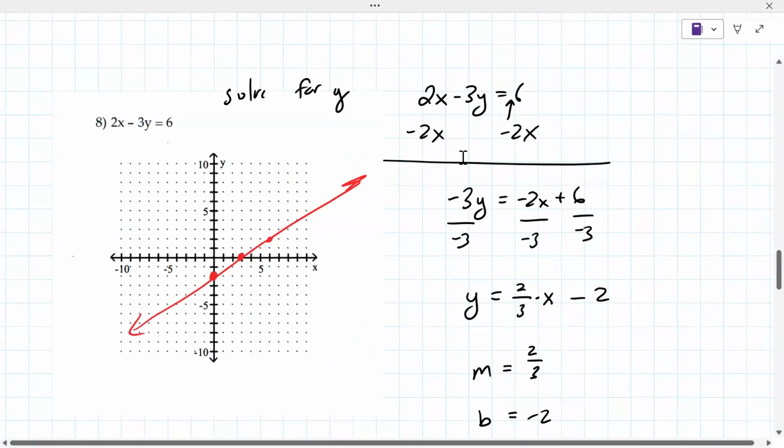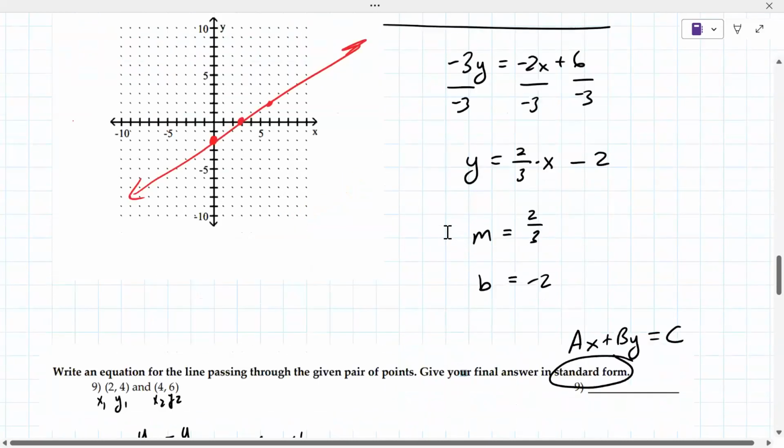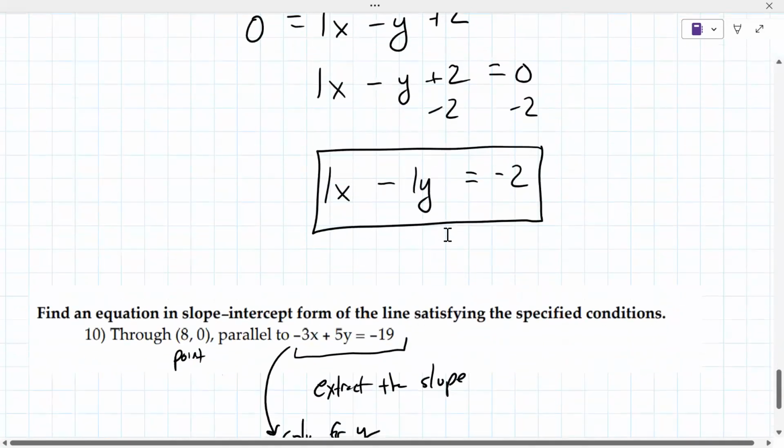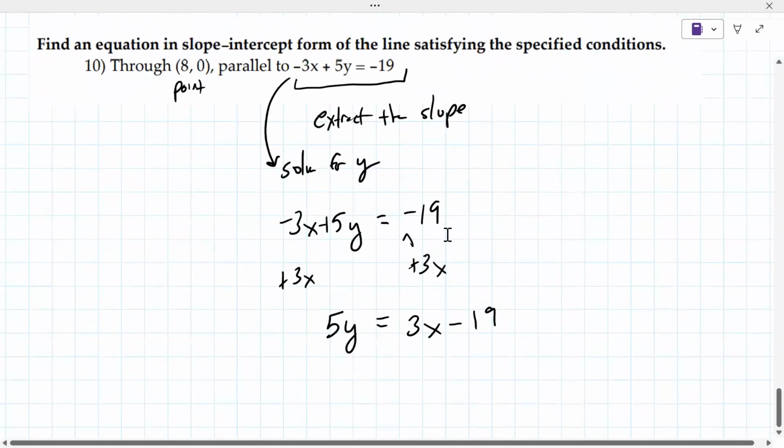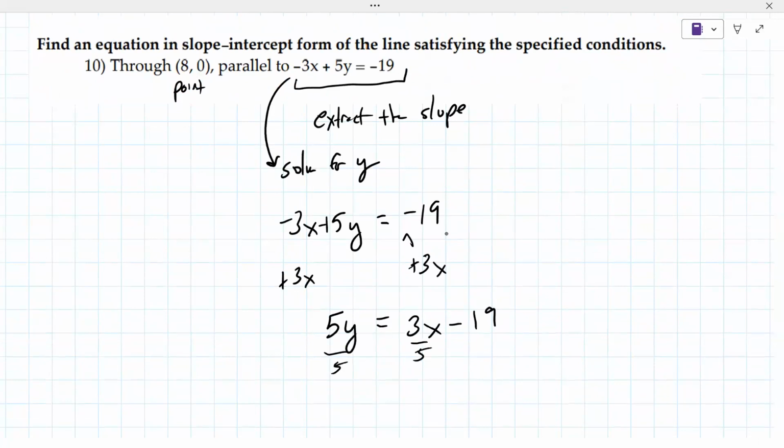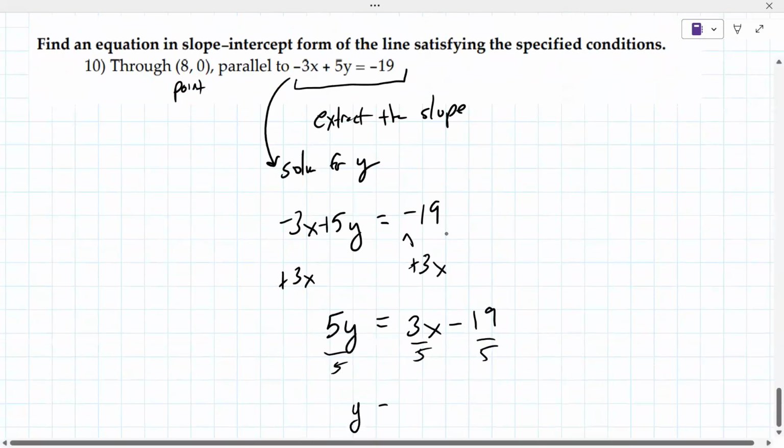We ended up having minus 3y equals minus 2x plus 6. Then what did we do? Divide everything by 5. Yes, very good. So you're going to divide everything by 5, so y equals 3/5 x minus 19 over 5, like that.